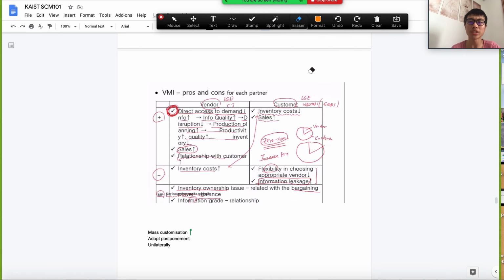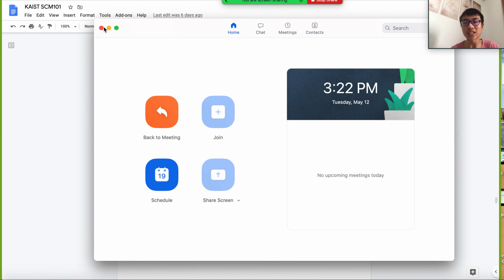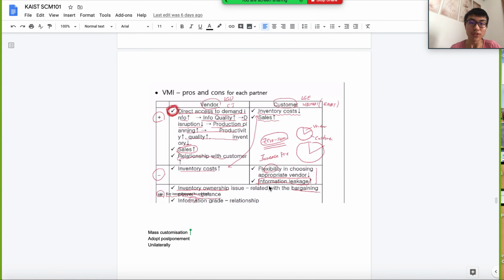How about disadvantages? I mentioned before, inventory cost for a vendor is a pretty high disadvantage, and you can also say there is high opportunity cost. The same applies to the customer. The customer has less flexibility, and less flexibility actually comes with higher opportunity cost. Opportunity cost is what you lose from an alternative option. So in this case, when they stick to one vendor, they are not able to outsource this inventory management task to another vendor, so they are losing flexibility.